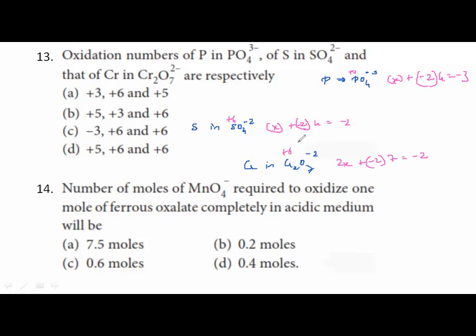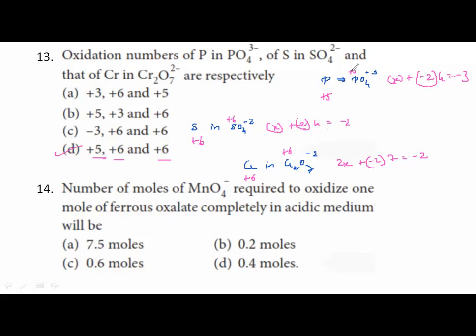So the oxidation state of phosphorus in PO4 is plus 5, of sulfur in SO4 minus 2 is plus 6, and of chromium in Cr2O7 minus 2 is plus 6. So the correct option is plus 5 phosphorus, plus 6 sulfur, plus 6 chromium. So option D is the correct option.